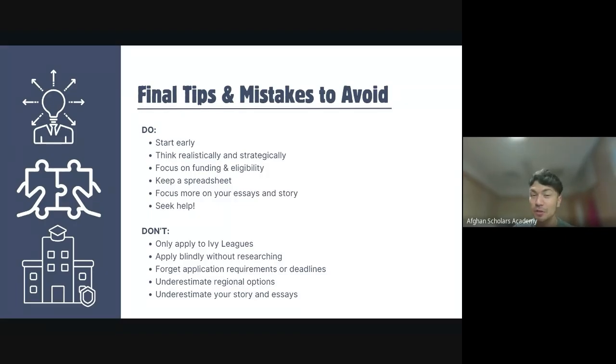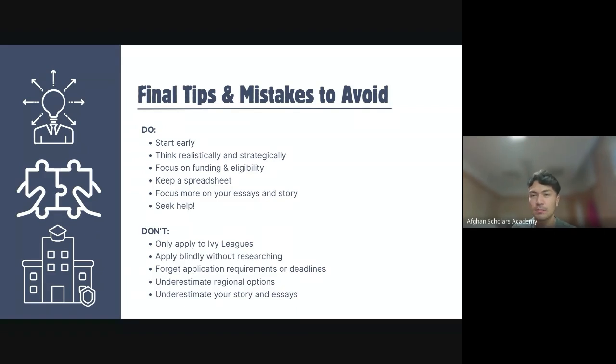Please do not only apply to Ivy Leagues, unless you have a really strong application and you're really confident in that. And don't apply blindly without researching.